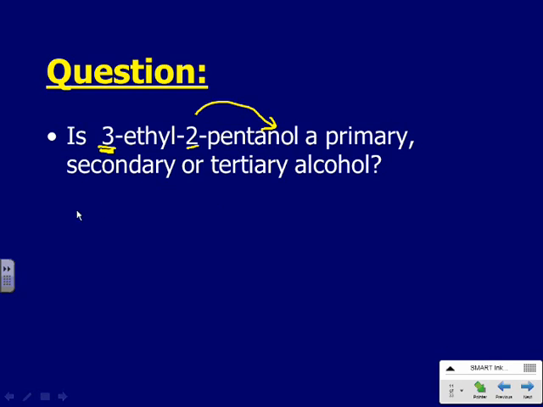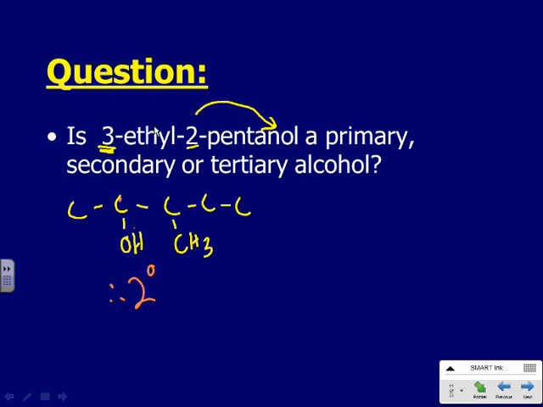All right? So if we draw it up, 1, 2, 3, 4, 5, and let's not worry about these H's. It's a 2-pentanol. There's my OH. There's the 3. There's my CH3. You'll notice here that the key carbon is bonded to 1, 2, therefore it is secondary.